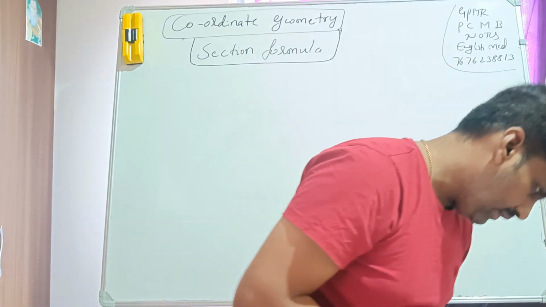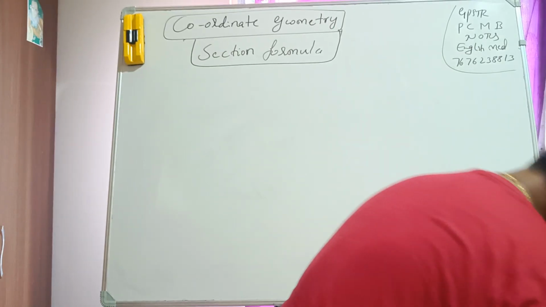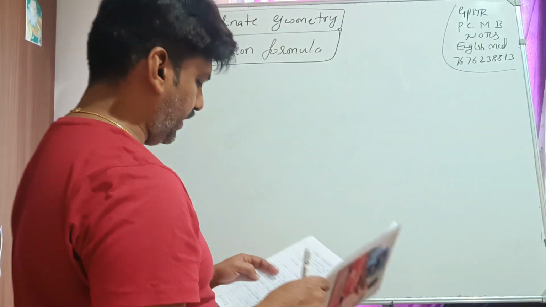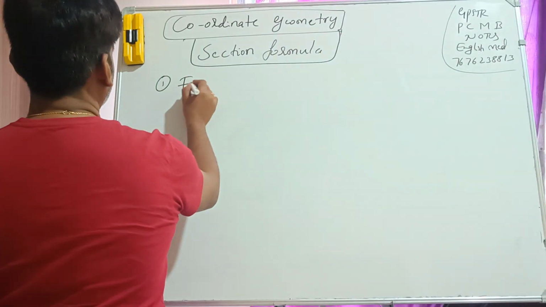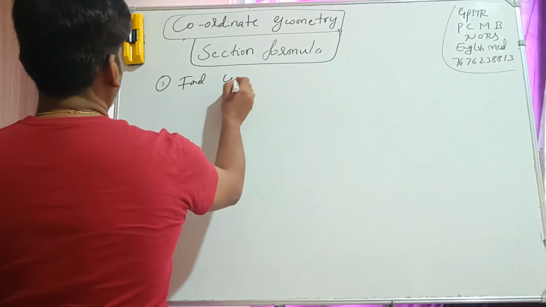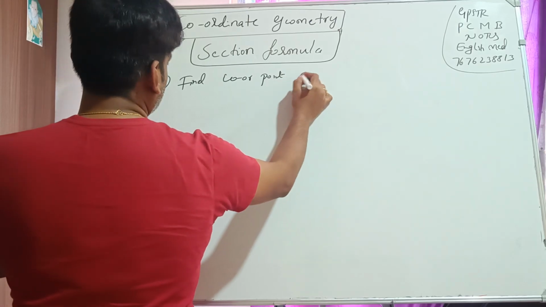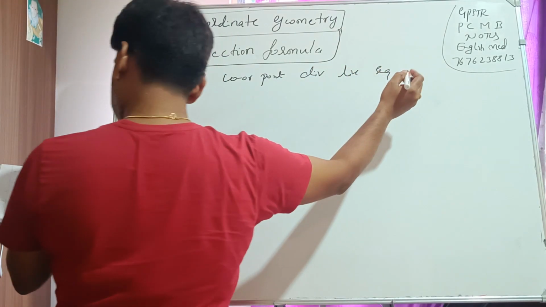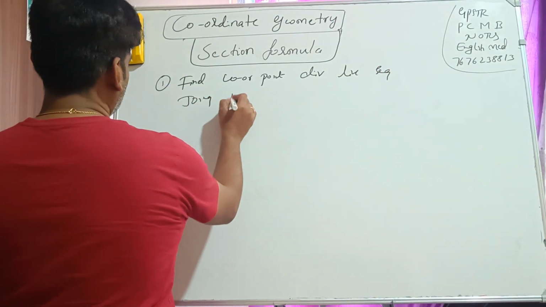So we'll solve a problem. Find the coordinate of the point which divides the line segment joining the points.